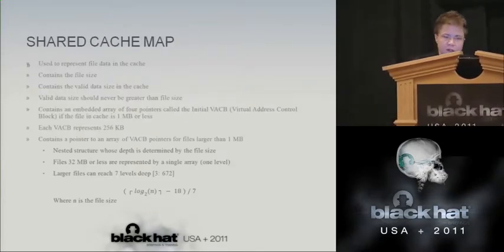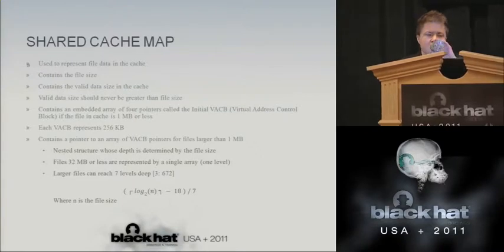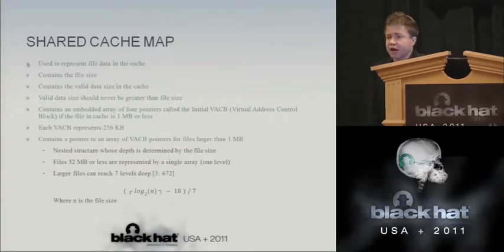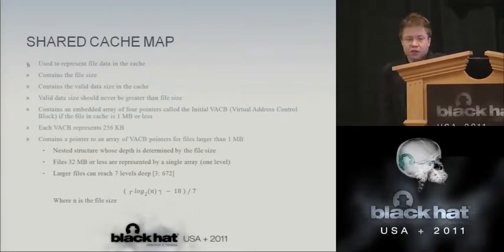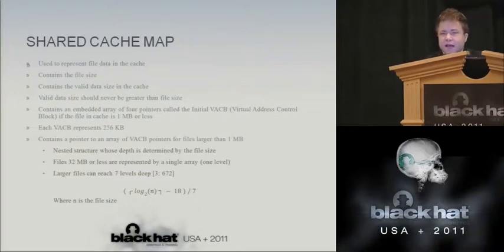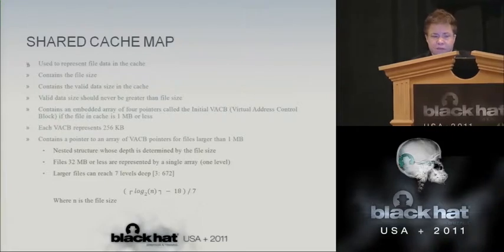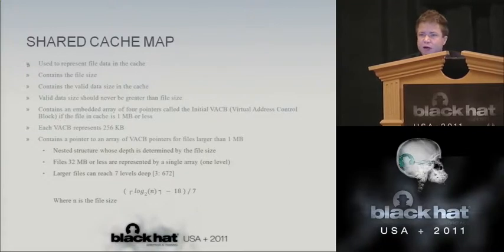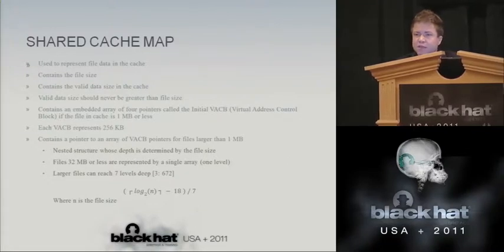So the third and last thing in the file object is a pointer to something called the shared cache map. So the shared cache map represents the file data that's in the file system cache that the operating system keeps. So this data usually is not as robust when you're doing memory forensics, because it's up to the operating system what it puts in there and how long it stays, and so on and so forth.